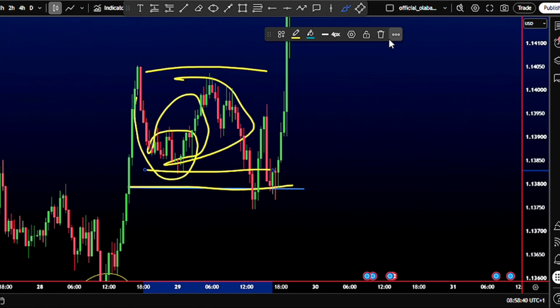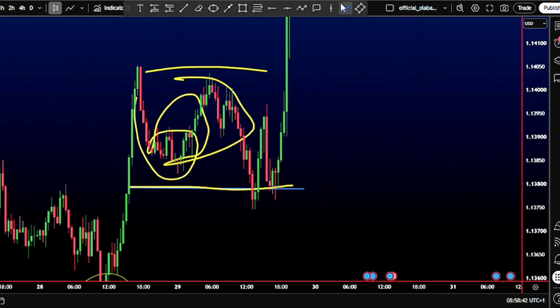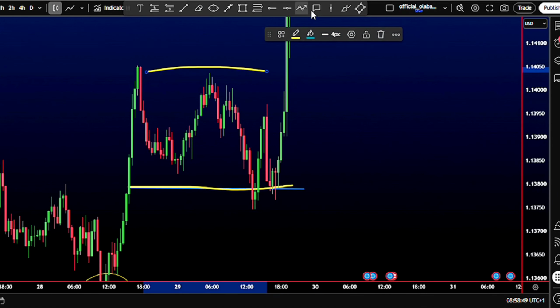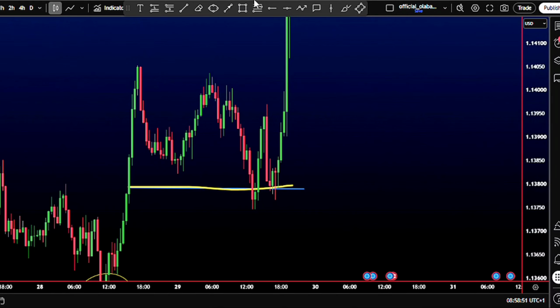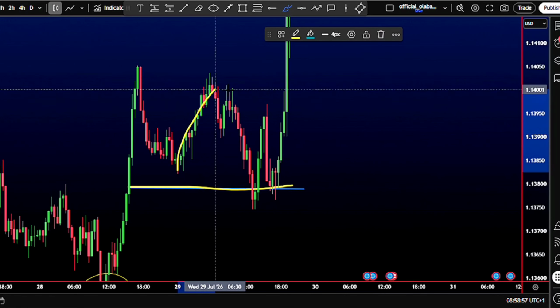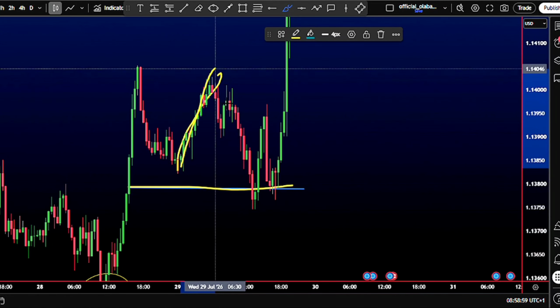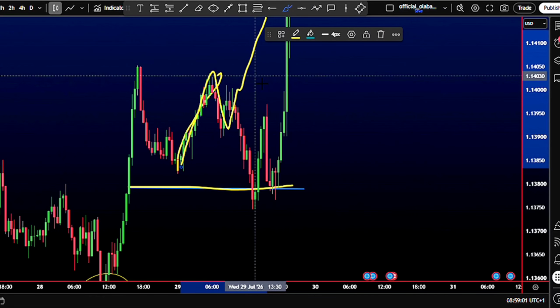You see, observe how the market did, like it was buying. It was ready to buy from here already and just wanted to go.